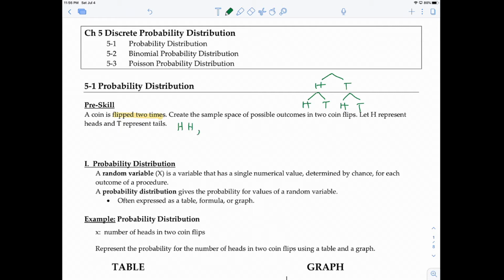Another would be getting a heads on the first flip and then a tails. The next one would be a tails and then a heads, and the last one would be 2 tails. Again, you could use a tree diagram, but for something small or simple, you don't really need it.